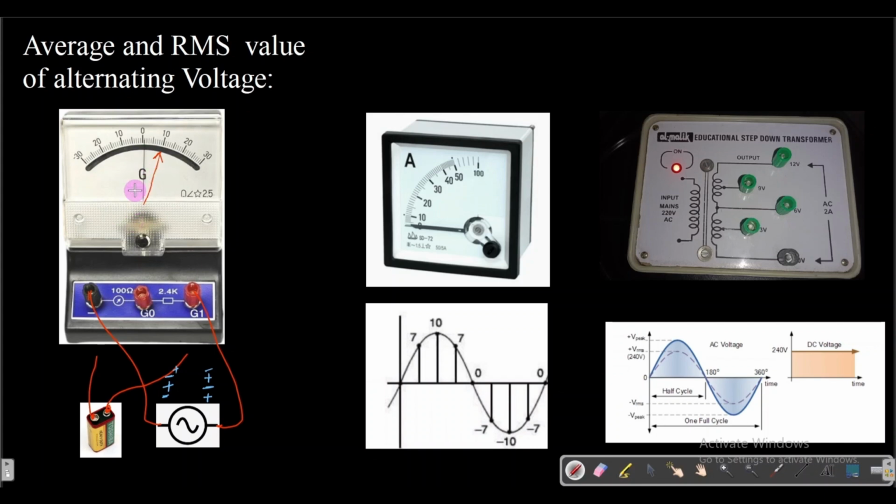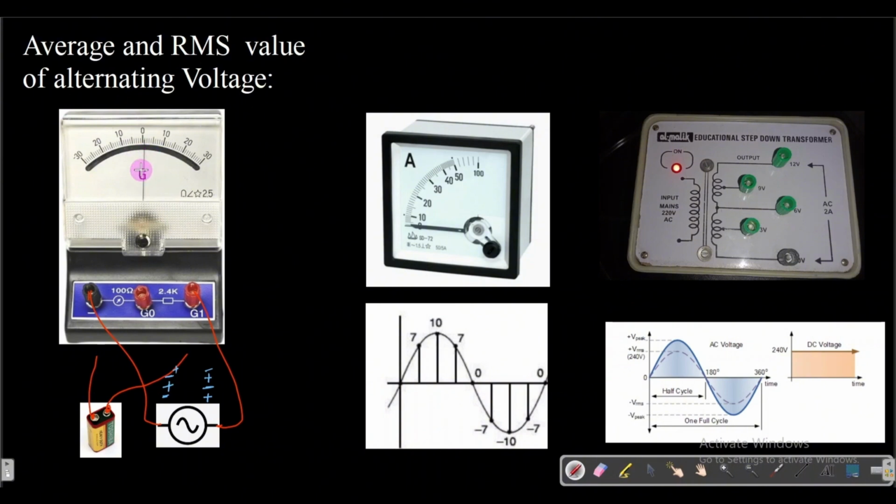So if the needle is vibrating in case of the AC supply, it is almost impossible to say whether the needle is present at one position, or at 2 ampere, or at 3 ampere, and at what value it is present at a specific interval, because it is vibrating so quickly.